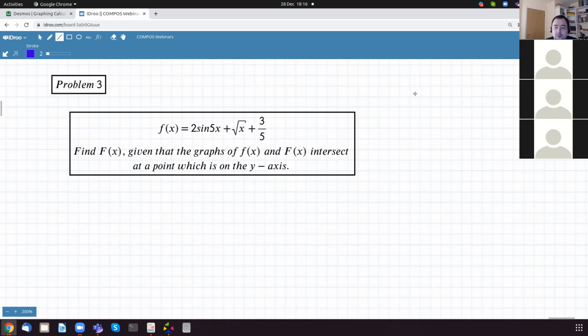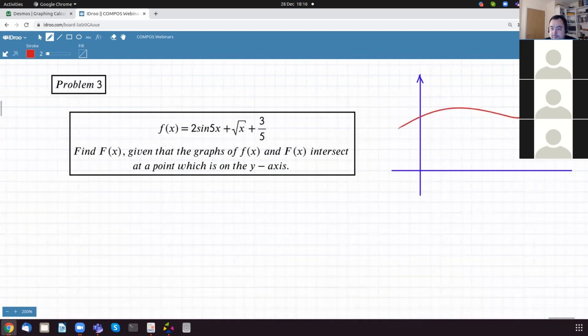Well, if you have a function, f of x, let's say we have some sort of function f of x and we have a function F capital of x. Now it's going to be something like this.